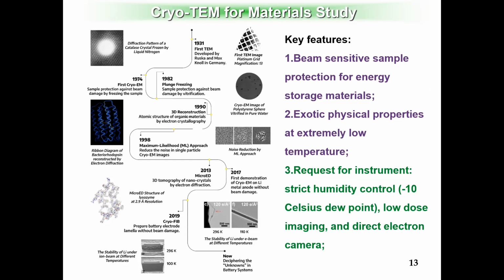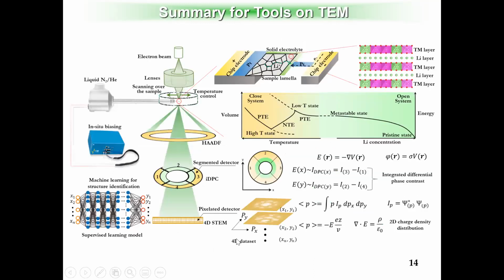By that, you can increase the signal to noise ratio for the same amount of dose. So the direct electron camera is combined with low dose imaging to enable high resolution. So if I want to build a microscope in my lab, those are the kind of dream version.